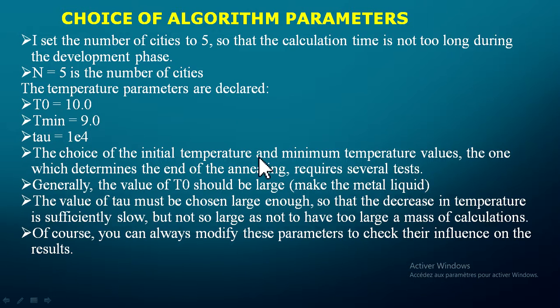The choice of the initial temperature and minimum temperature values, the one which determines the end of the annealing program, requires several tests. Generally, the value of T0 should be large, to make the metal liquid. The value of tau must be chosen large enough so that the decrease in temperature is sufficiently slow, but not so large as to have too large a mass of calculation. Of course, we can always modify these parameters to check their influence on the results.